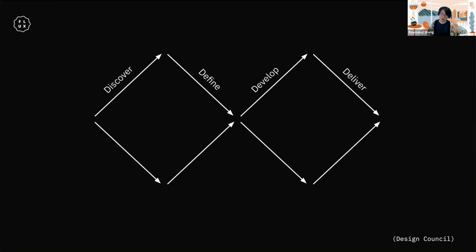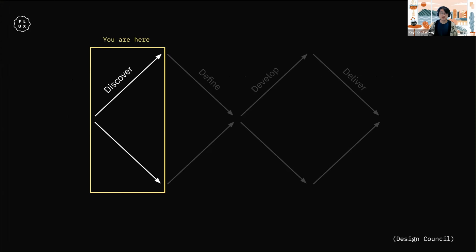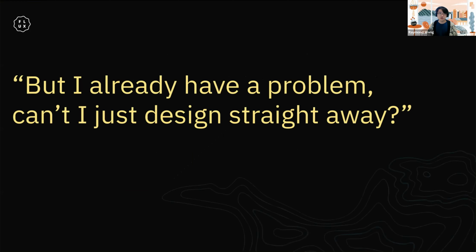I just want to remind you that the process of design is to solve problems, not to follow a regular, strict process. But for today, we're going to focus only on discover. Tomorrow, we'll have a session that will talk about defining the problem. But today, let's get crazy and just explore a different range of problems.